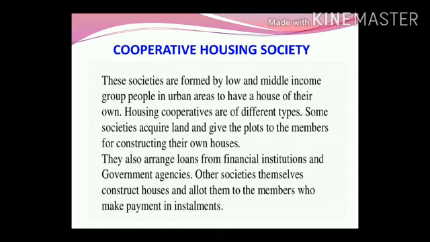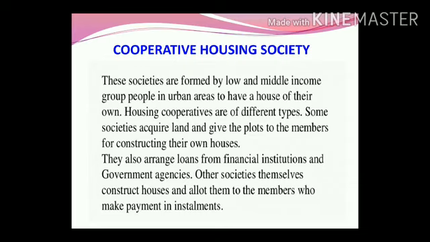Some societies acquire land and give the plots to the members for constructing their own houses. They also arrange loans from financial institutions and government agencies, while other societies themselves construct houses and allot them to the members who make payment in installments.